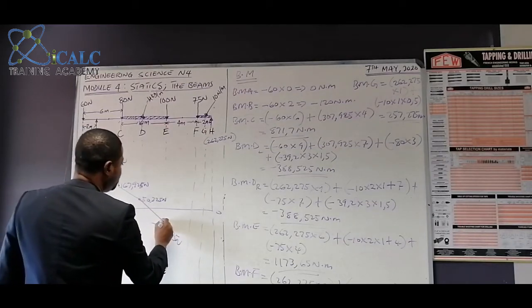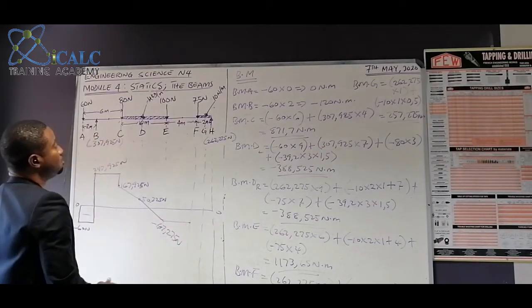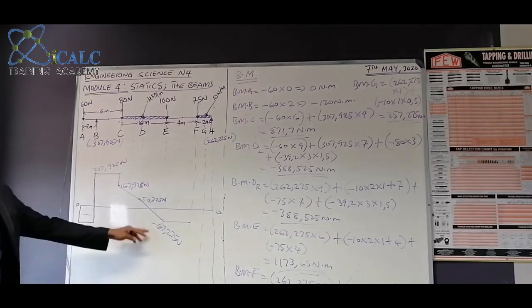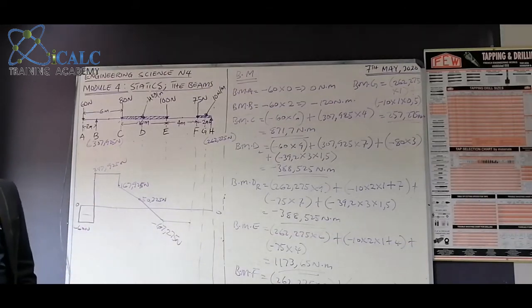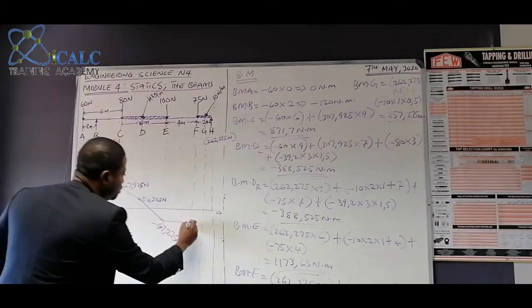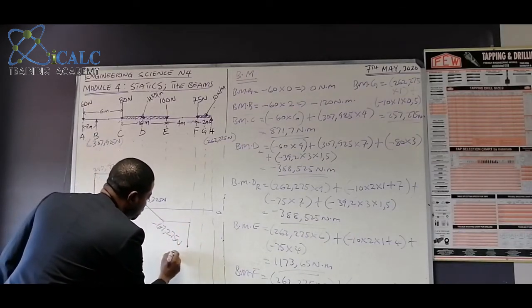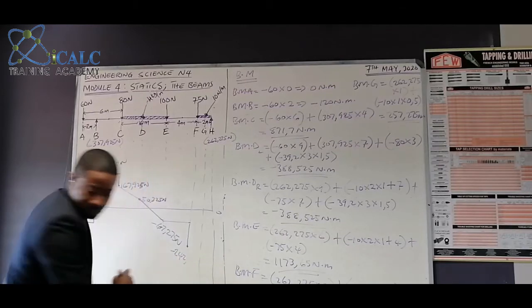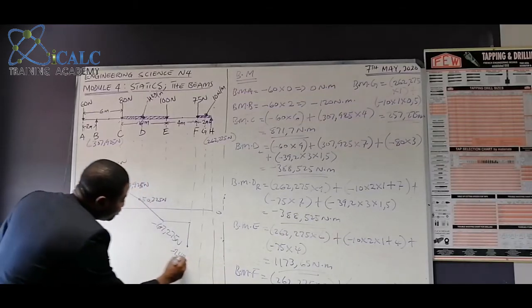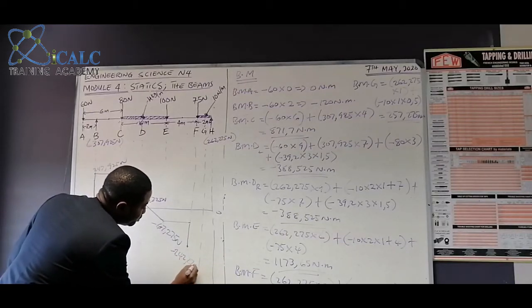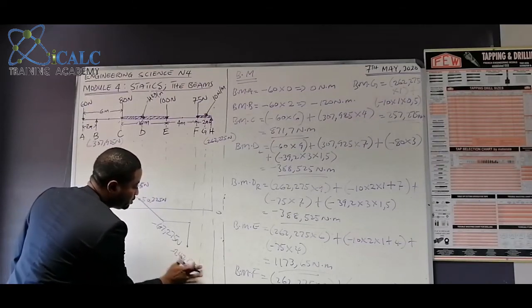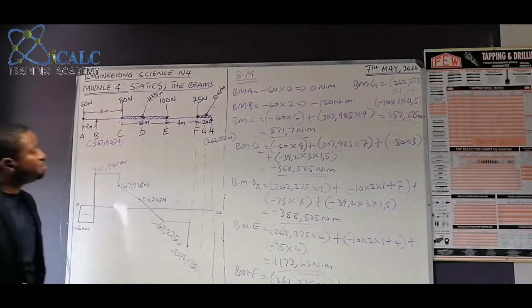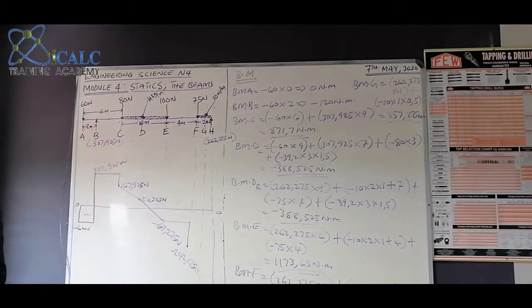And then we push to the right again. We have 75. So minus 67.275 minus 75 will give us minus 242.275 Newton.